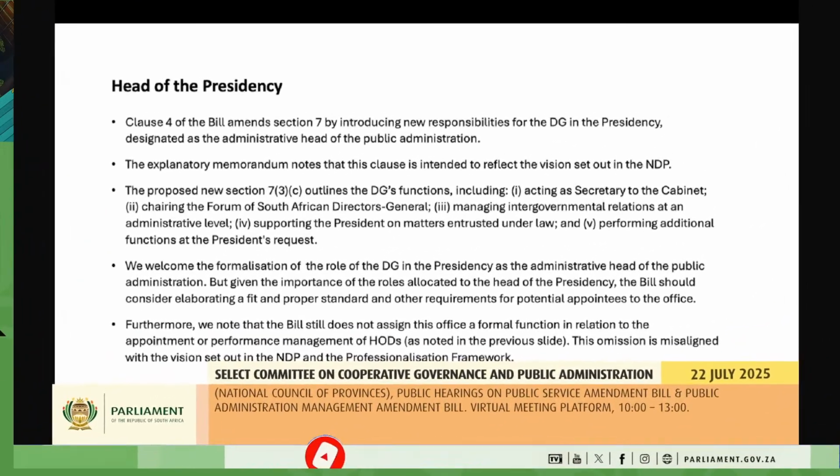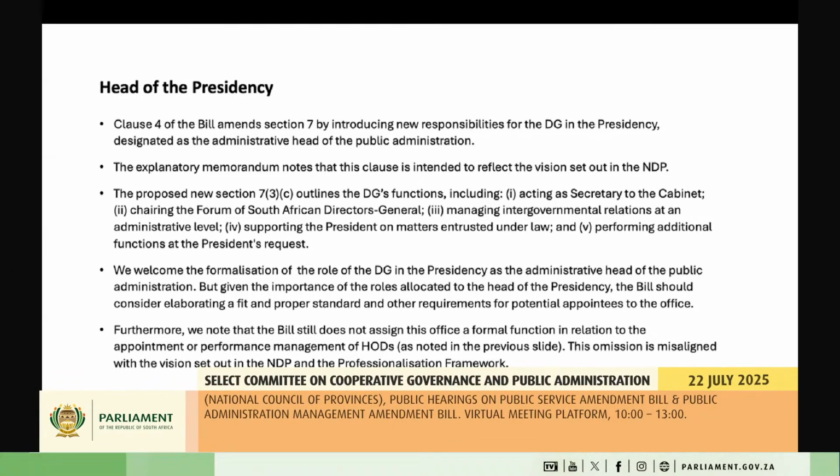But we are pleased to see that the head of the presidency, the DG in the presidency, has officially been made the head of the public administration, and that the roles of that office have been more clearly defined. As I said, we would like to have seen a formal role given to that office in performance management of HODs, management of career incidents, and support for appointment processes, as the NDP and the professionalisation framework envisioned, but we are nonetheless supportive of the clauses.